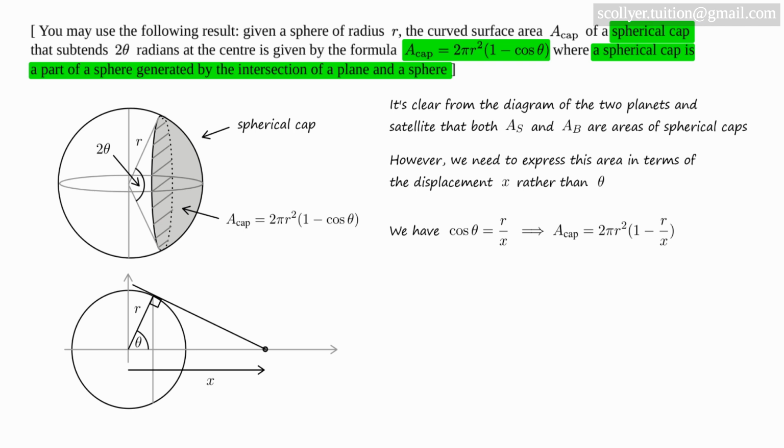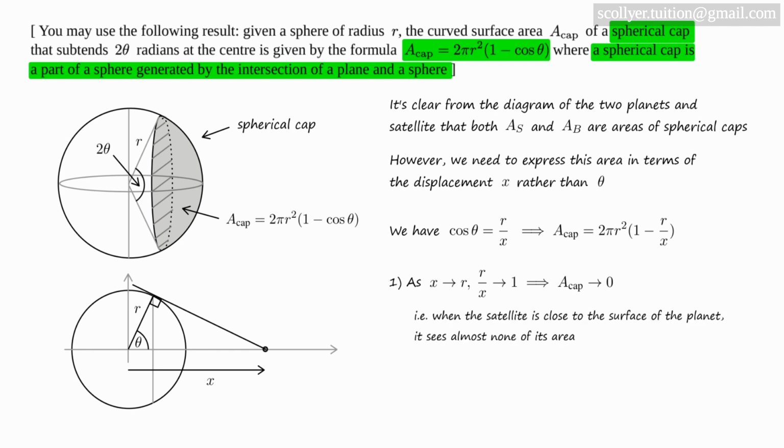Now we can note two things using this formula. First, as x tends to r, r over x tends to 1, so that A cap tends to 0. And this says that when the satellite is very close to the surface of the planet, it sees almost none of its area. Second, as x tends to infinity, r over x tends to 0, so that A cap tends to 2 pi r squared.